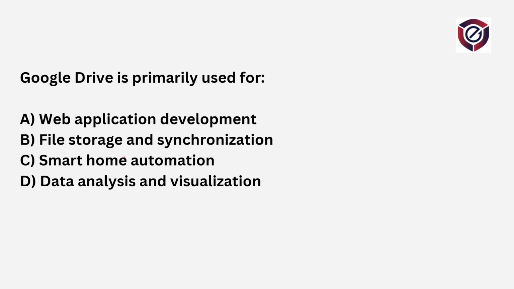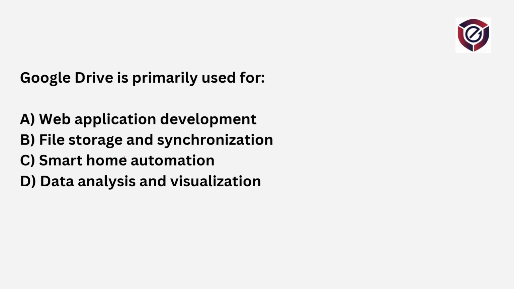Next question. Google Drive is primarily used for. We all know Google Drive, we use it to upload files and take out any files which we want to use, and for synchronization. For all those purposes, we use Google Drive. The options are web application development, file storage and synchronization, smart home automation, and data analysis and visualization.